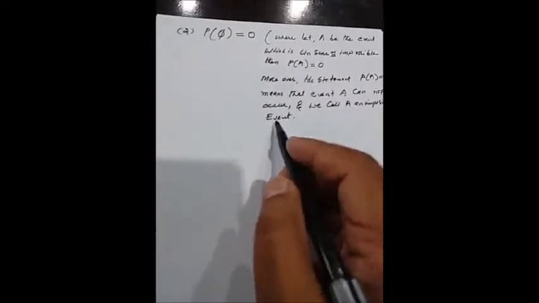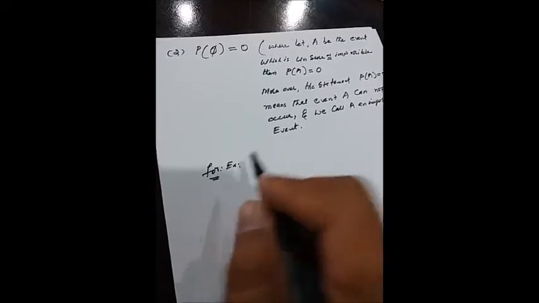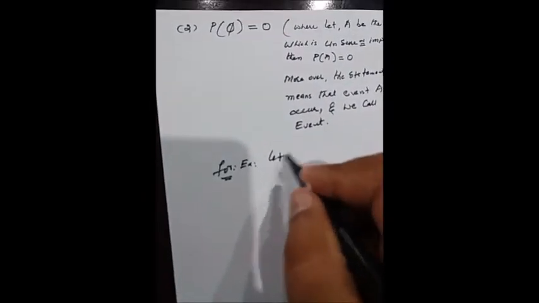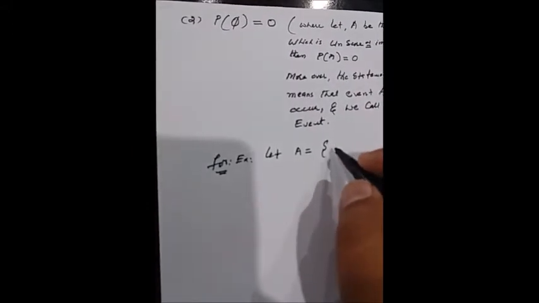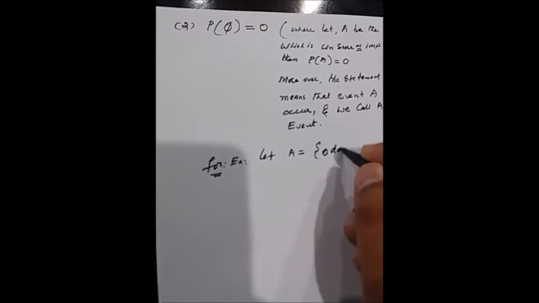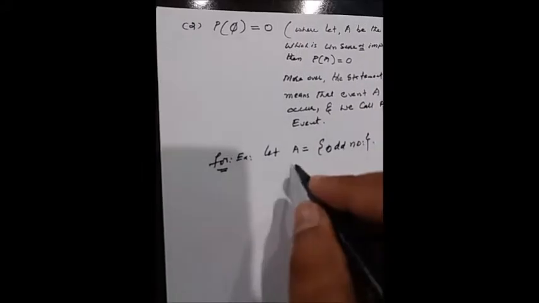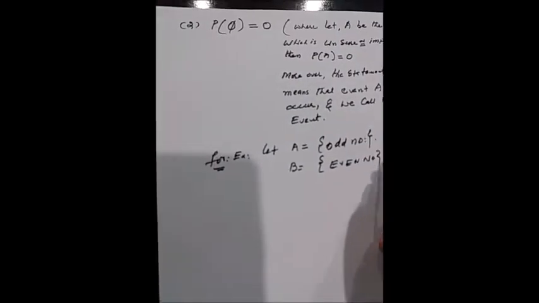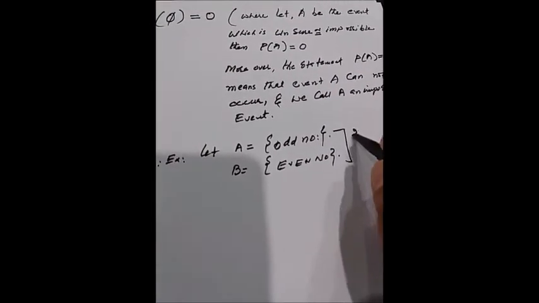For example, let A be the odd numbers and B be the even numbers if we are rolling a die.